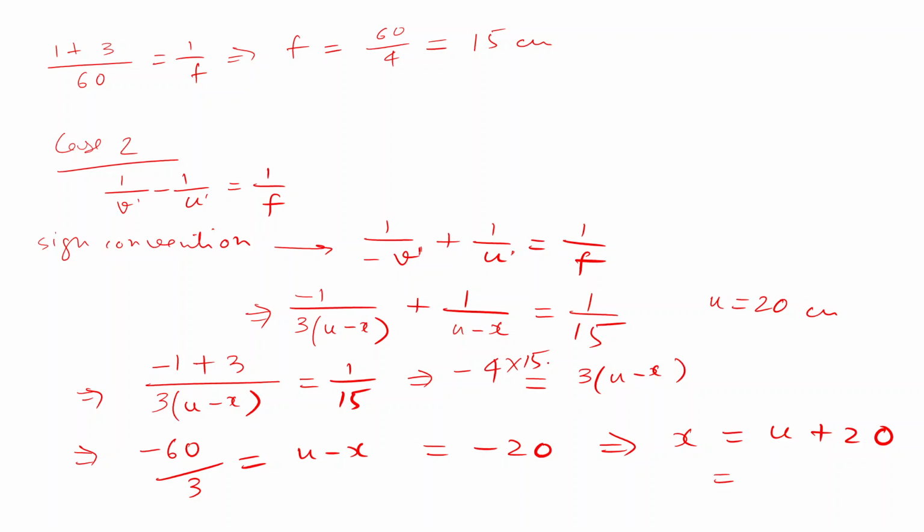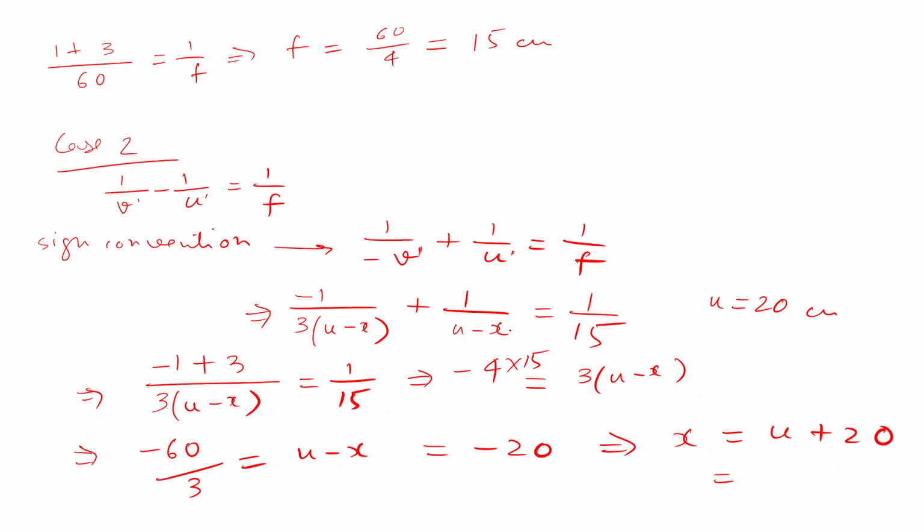I'm sorry, what happened here? This U value, why didn't I put it? Wait a second. This will be minus 60 by 3 is equal to U minus x, which is minus 20. Is there some problem here?